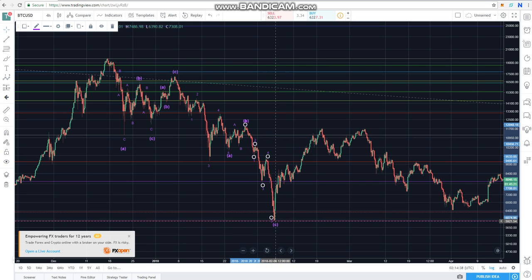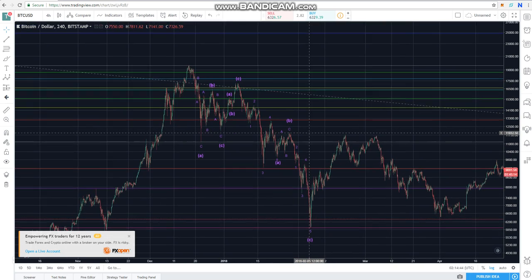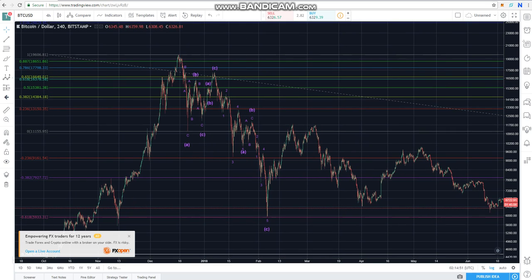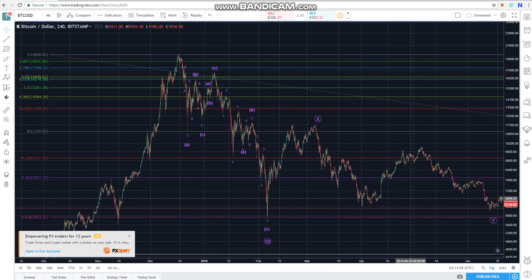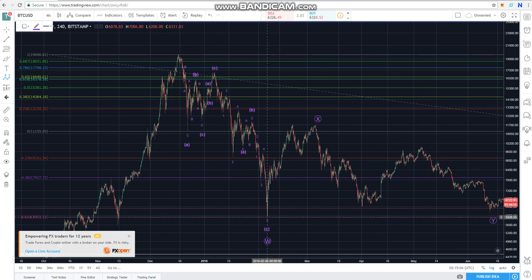So I hope this makes sense. And to me, this entire count, this ABC, ABC, and ABC, this entire count would classify as a W. And then we went on to an X, and then Y. So this is an X, and I would count this as ABC.